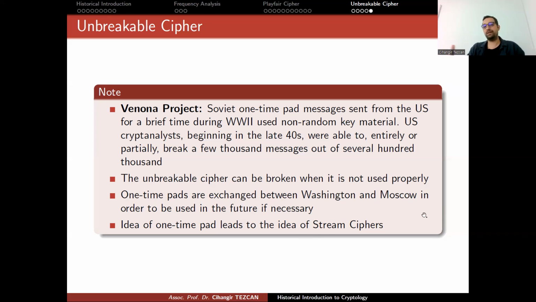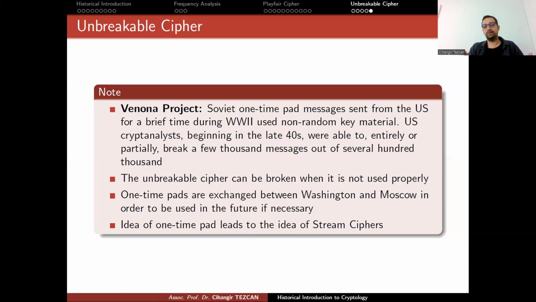So you might think about how they exchange this: you give it to your agents, put them on a plane, send them to Moscow, give those briefcases to the people in Moscow and come back. So they have done it already. So we cannot use one-time pads in practice because it is not practical, but this idea actually leads us to stream ciphers.